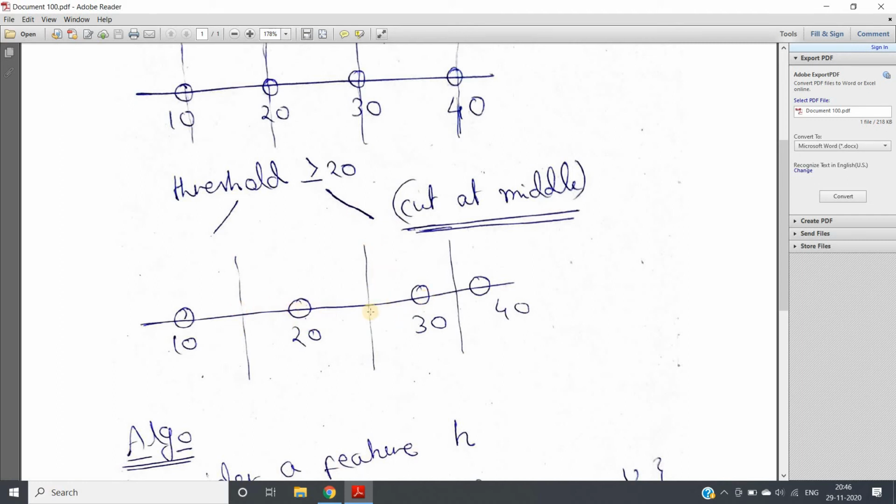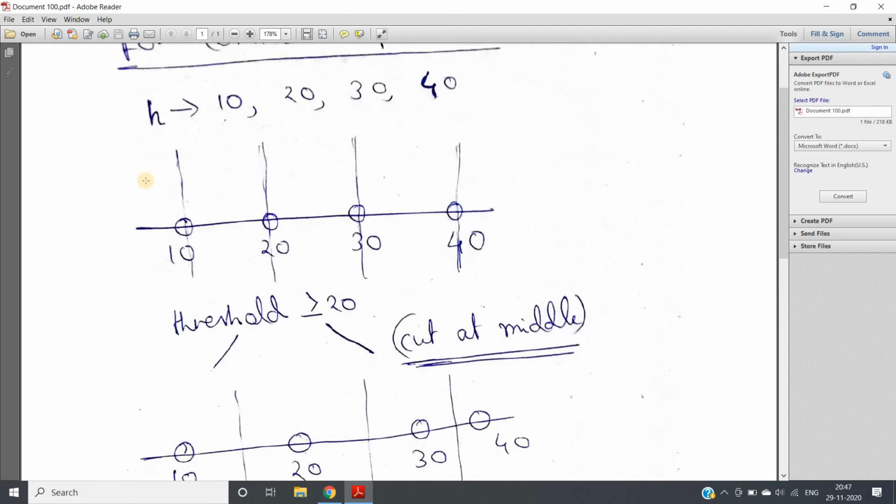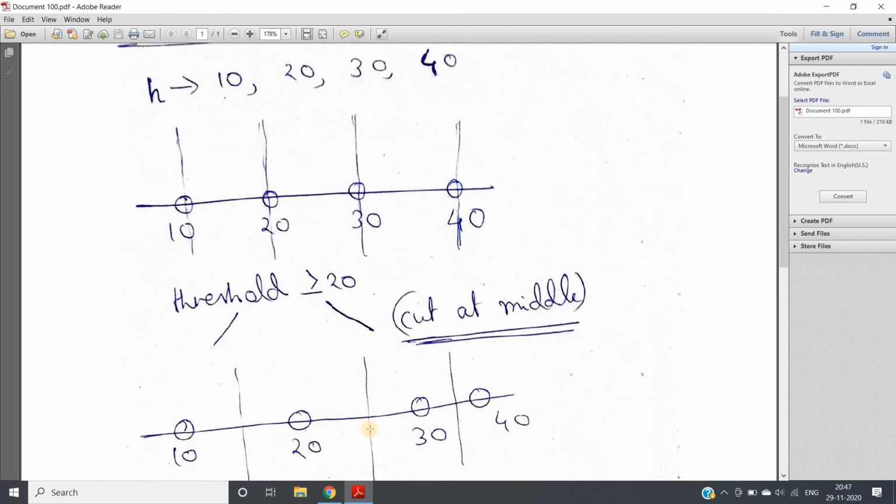Then between 20 and 30, that is 25, I select the threshold and check the error, and then between 30 and 40 I make a cut and check the error, like that. Suppose I get the minimum error, whether classification error or regression error, at this particular cut, when I decide the threshold as 25. Then for this particular feature, age, I should decide the threshold as 25.